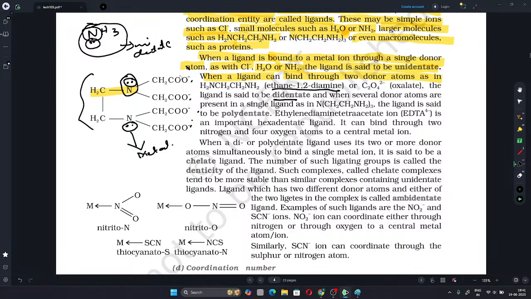This molecule is the EDTA molecule, which is hexadentate. A single molecule can form a total of 6 bonds.